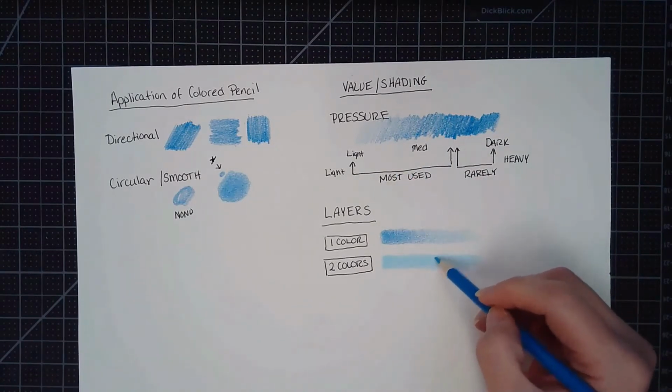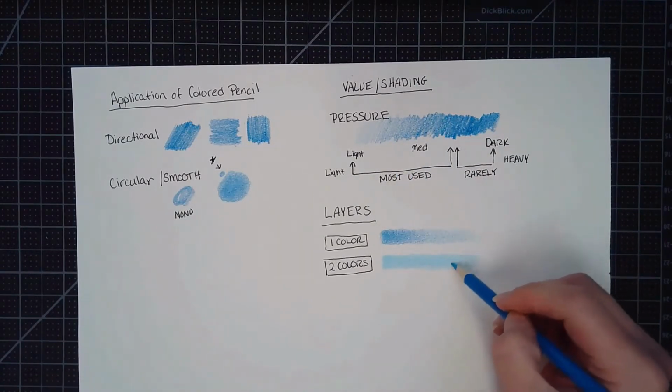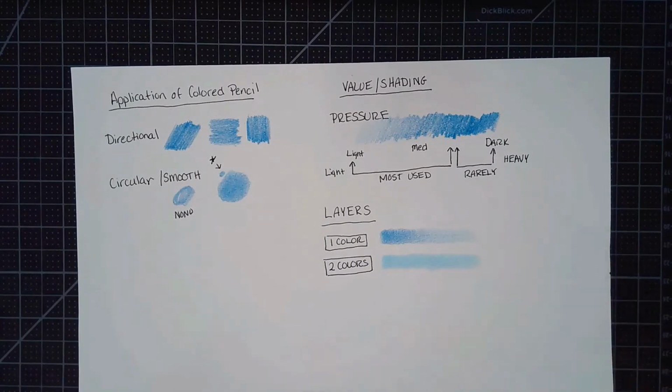And that is because one thing you do have to watch with layering color pencil is eventually you get to a point where all the fibers of your paper are filled in with material that you can no longer leave other material behind.